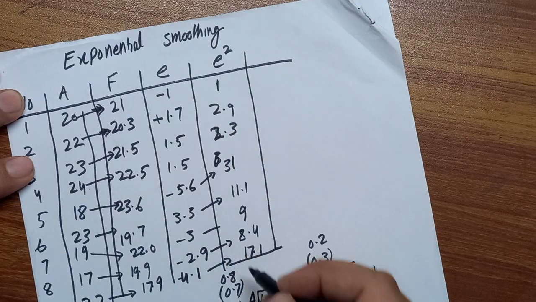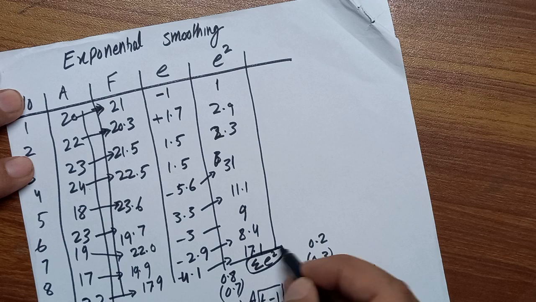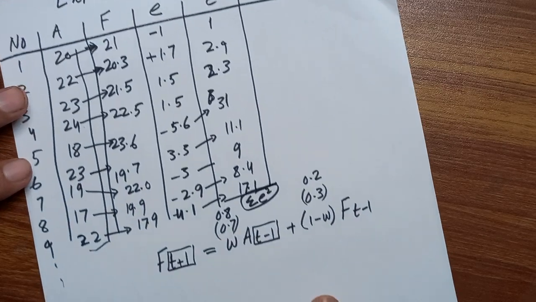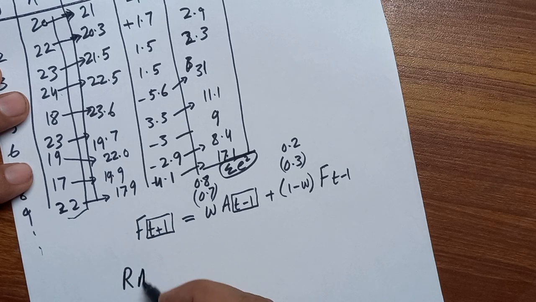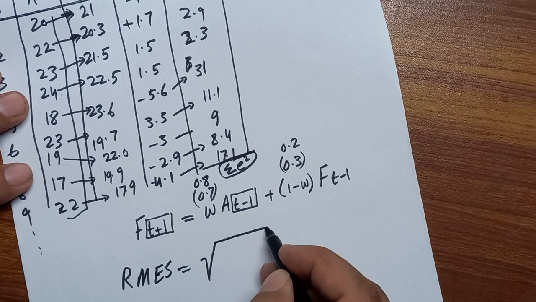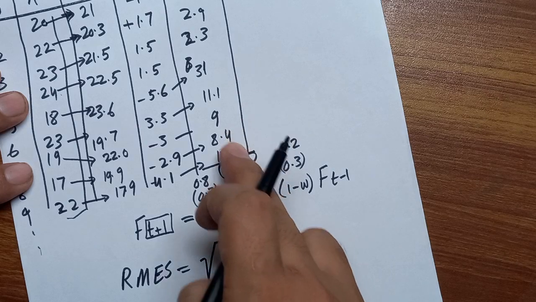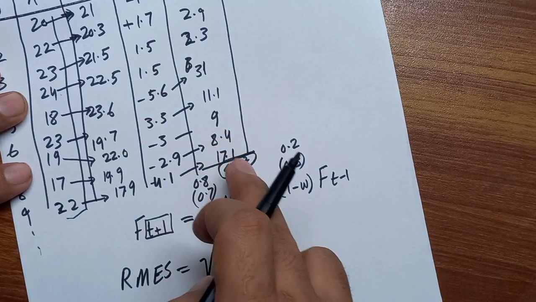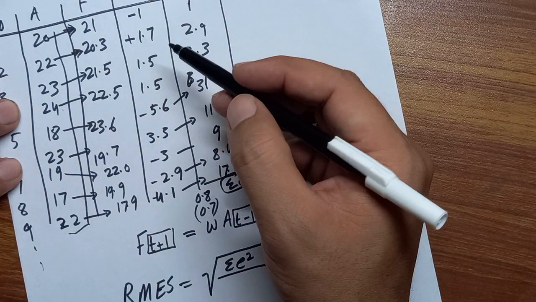When we get the summation of error square, we will again use the same formula for forecasting: root mean square error. Under the root, again we will take the summation of error square, the value that we get from the summation, we will write above, and we will also count the observations.